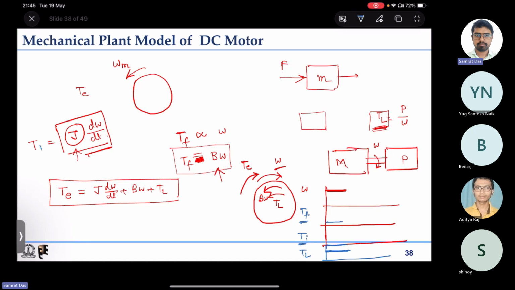Now suppose I want to increase the speed to some other speed. So I want to change the speed. Say I change the speed linearly and reach another speed from omega 1 to omega 2. Now in this duration, the frictional torque, because it is proportional to speed, will also change.